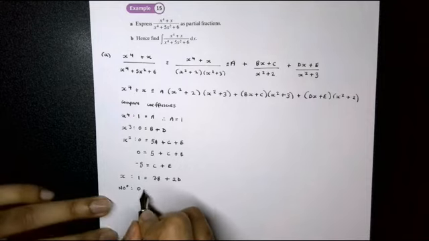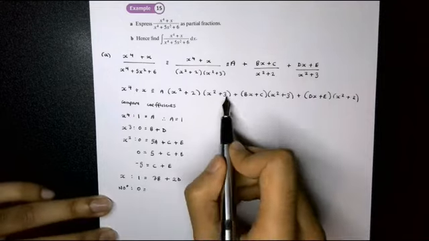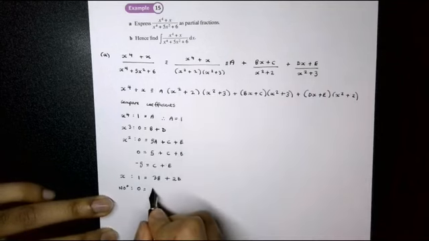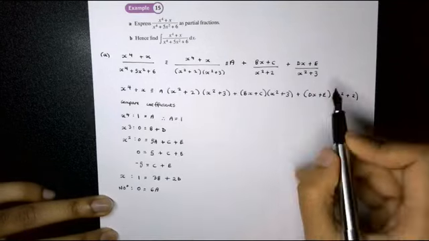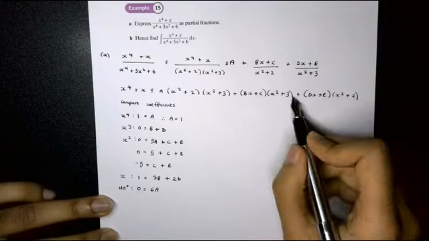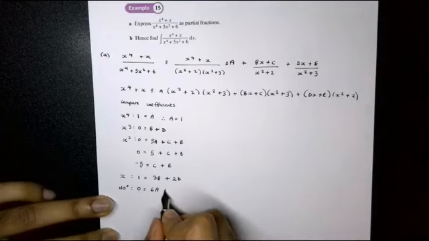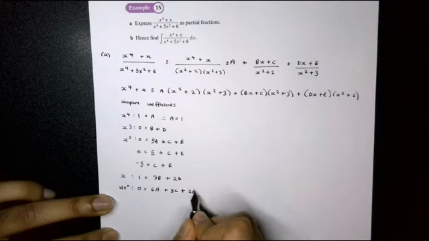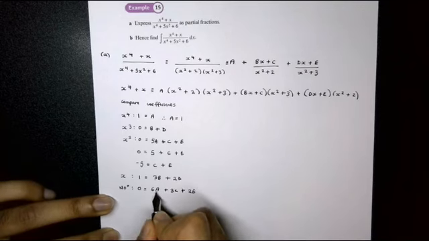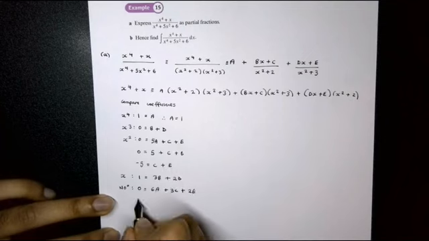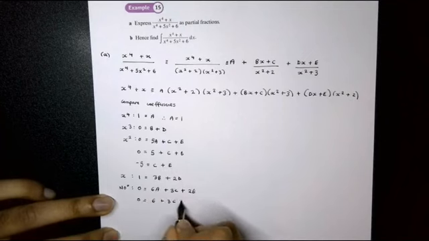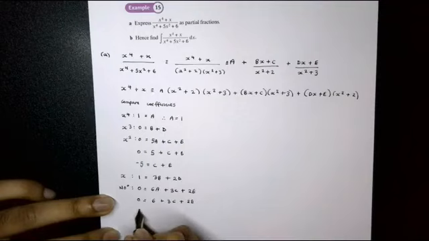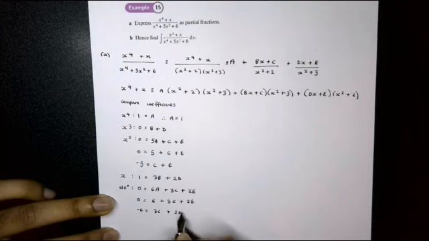We've got 0 on the left hand side, and on the right hand side we've got 2 times 3 times a, so we've got 6a. And then we've also got c times 3, and then we've got e times 2. So knowing that a is equal to 1, we've got 0 equals 6 plus 3c plus 2e. So we've got minus 6 equals 3c plus 2e.